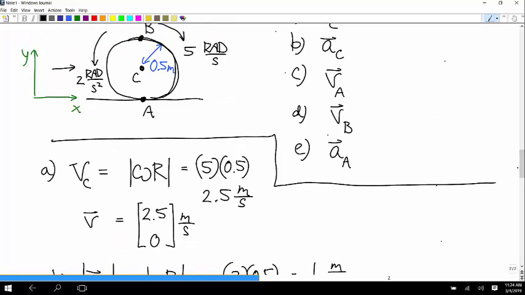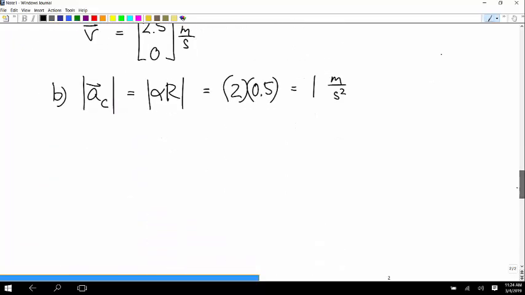How can we figure out the direction? Well, we know that the angular velocity and angular acceleration have opposite signs. That means the rotation is slowing down. If the rotation is slowing down, is the center speeding up or slowing down? Slowing down, yep. And so the acceleration of the center has to be in the opposite direction of the velocity. Anybody have any questions about that?